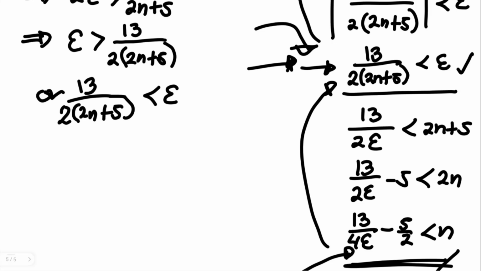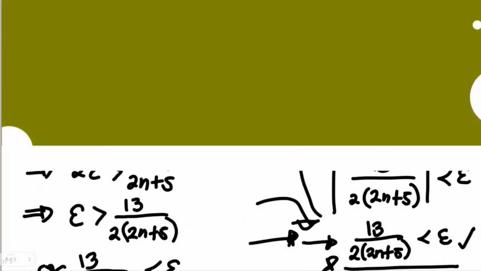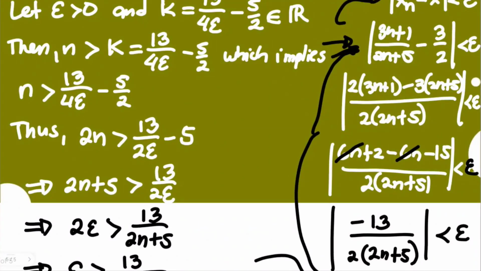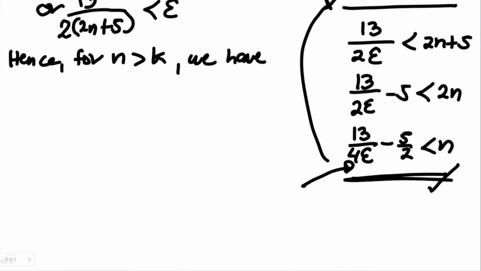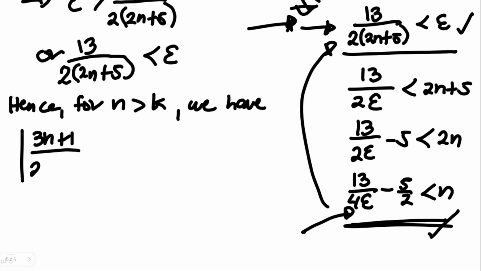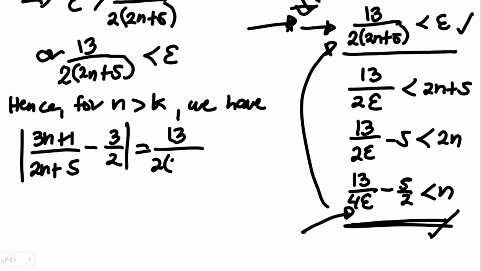So, for n greater than k, we have the absolute value of your sequence, 3n plus 1 over 2n plus 5, minus the limit, which is just equal to 13 over twice 2n plus 5, as indicated earlier in the process, is less than epsilon.